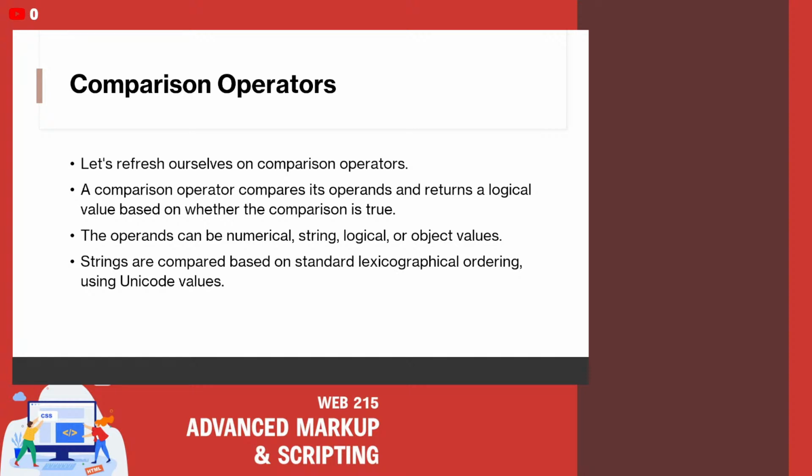So if you have a word that starts with an uppercase letter, it will come before a word that starts with that same lowercase letter, because it's using that Unicode value of text that we see in the ASCII chart.